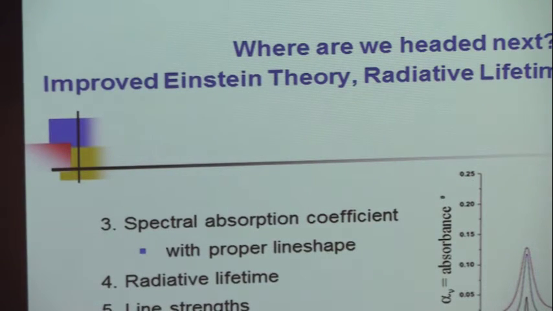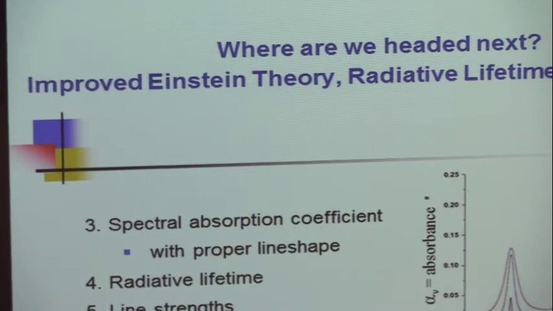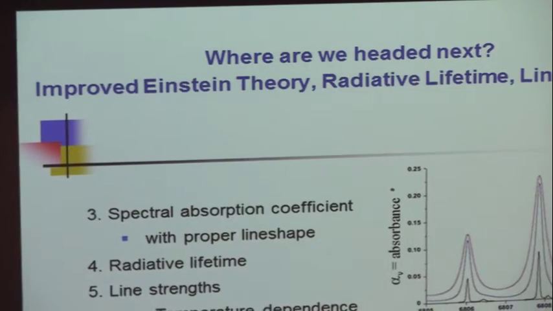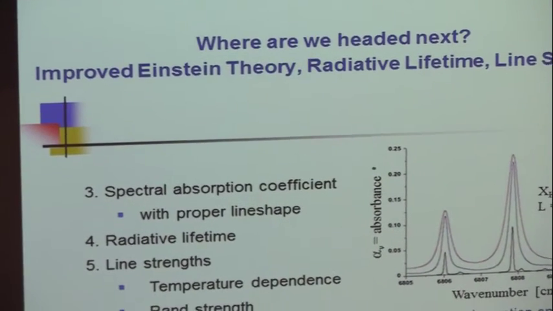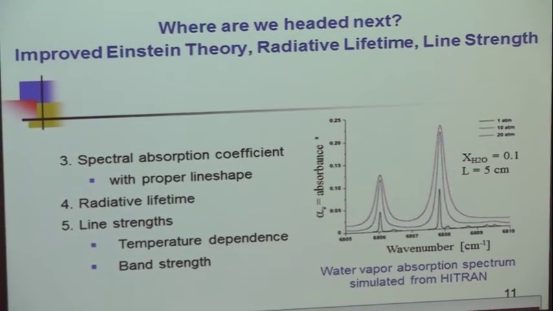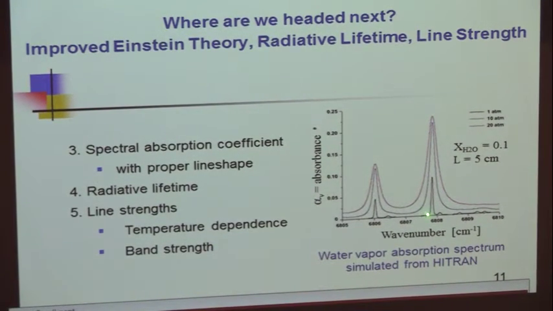What I've done is I've shown you the absorbance that you would see for 10% water, path length of 5 centimeters, at different pressures. These are probably spectra we measured in my laboratory. No, it's simulated from HITRAN. These wave numbers of 6,000 means it's around 1.5 microns.